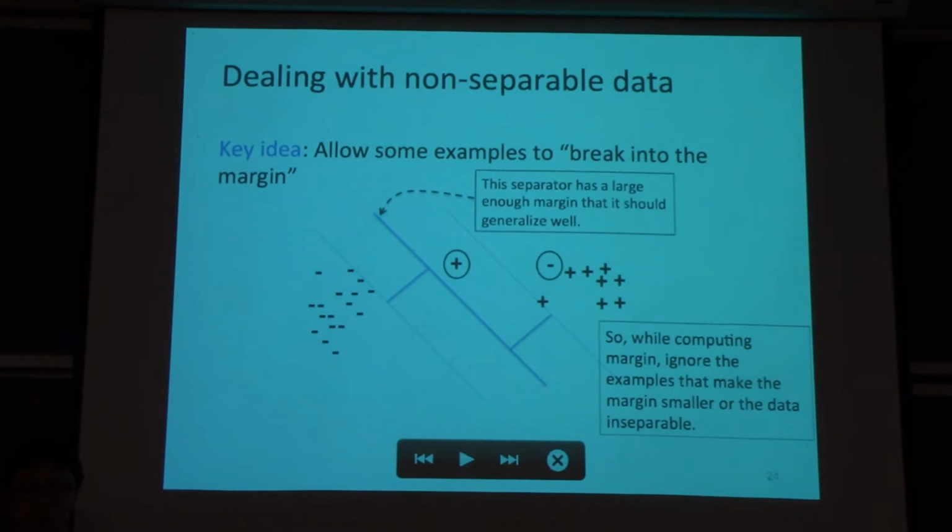So there's no hope to find a hyperplane separating them perfectly with large margin. So we have to give up that hope. We can just ignore these 2 points, because the negative point will make the data not separable, and the new positive point will still be separable, but it will make your margin very small. So we don't want to overfit to these edge cases like the positive and negative there.